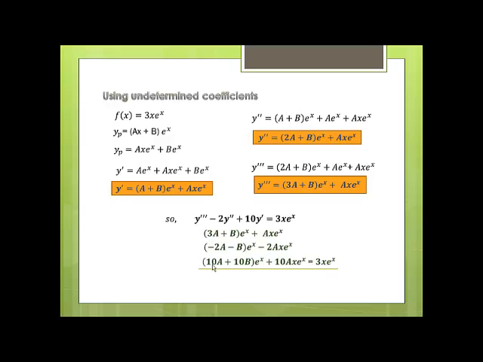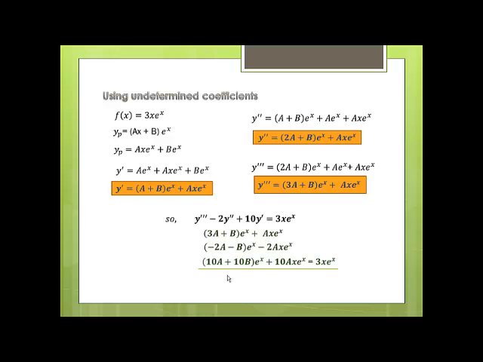So we have 10a, then this is 4a, 10 minus 4 is equal to 6, plus 3 we have 9a. Then 10 minus 2 we have 8, plus 1 is equal to 9b, so 9a plus 9b times e to the x, plus 10 minus 2 we have 8, plus 1 is equal to 9.